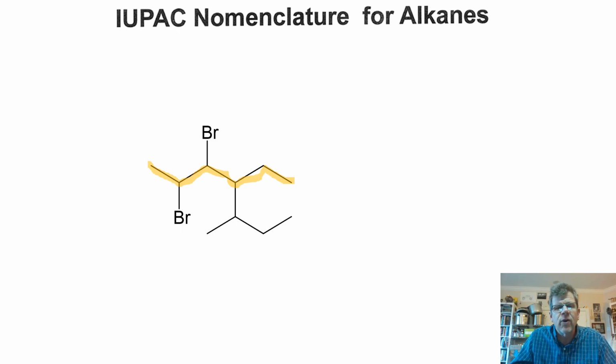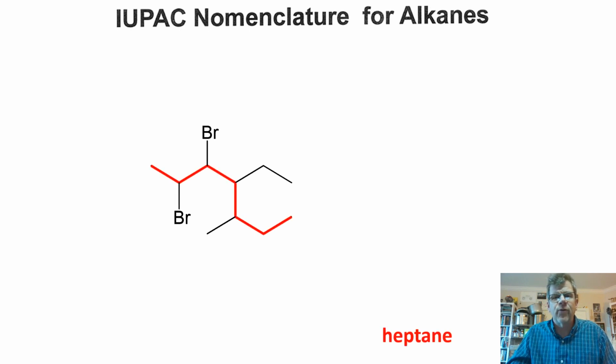However, we have to try all possible values, and we find that that is not the longest continuous carbon chain. We actually have a longer chain if we look through that carefully, and it sort of meanders around, but that is indeed the longest continuous parent chain.